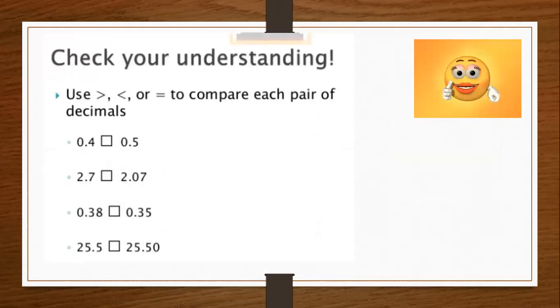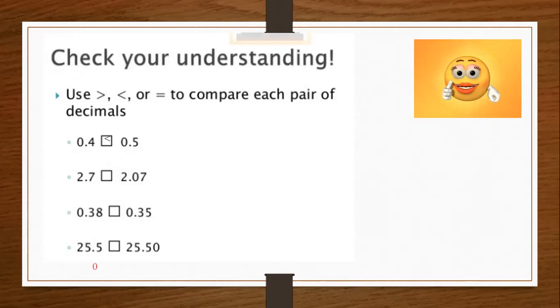To check your understanding, you can practice more by comparing these numbers the same way. You have to line them up, then check the number of decimal places, and then put the sign. So in the first one, we have the same number of decimal places, so we'll find that 0.5 is greater. In the second one, we have only one decimal place in the first number, and in the second one, we have 2 decimal places.